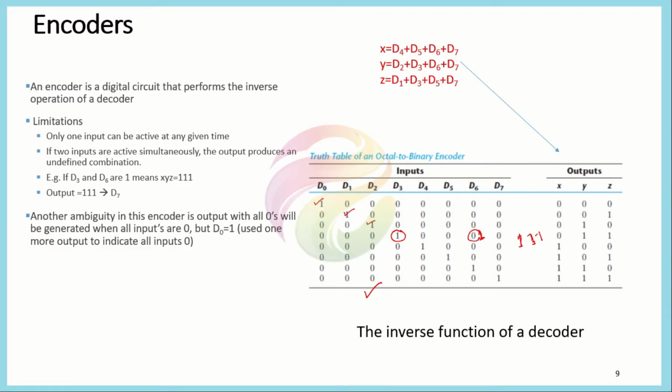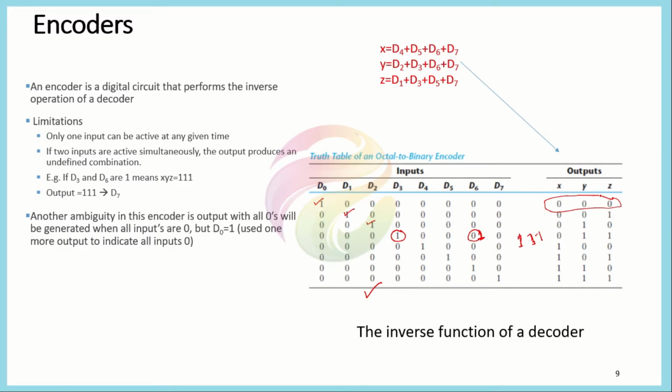And there is one other ambiguity. If you look at this truth table, only when d0 is equal to 1, we have all outputs equal to 0. And also if all the inputs, from d0 to d7, are equal to 0, then we would also have an output equal to 0.